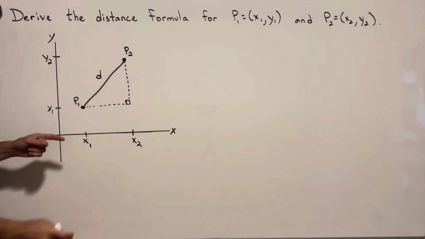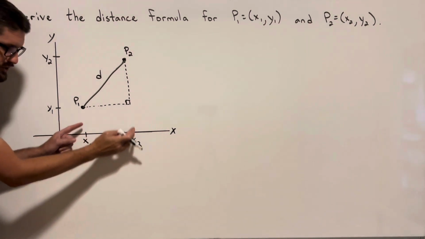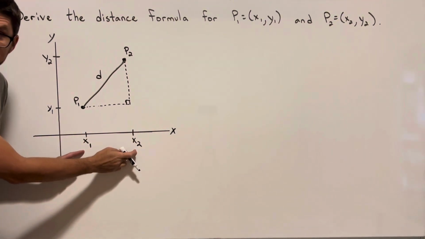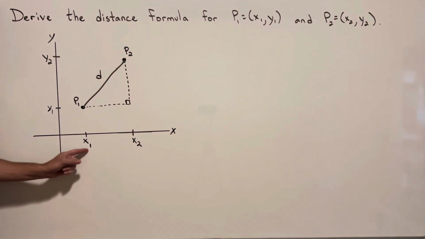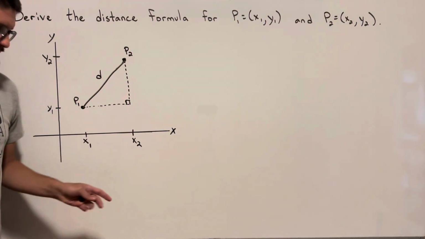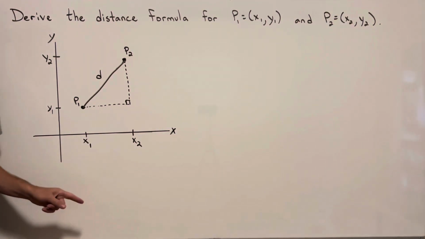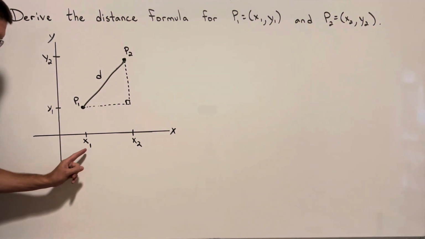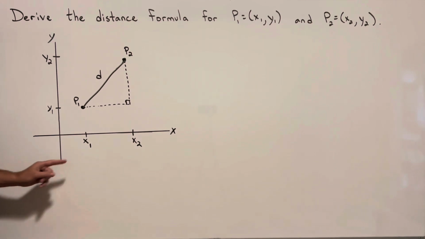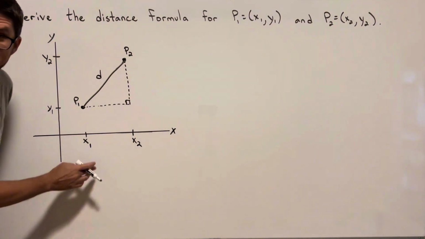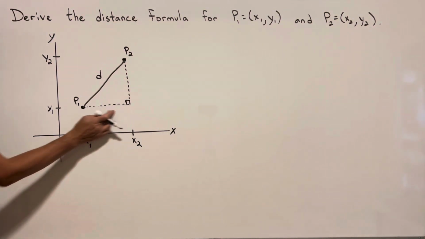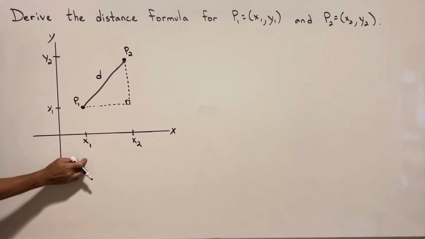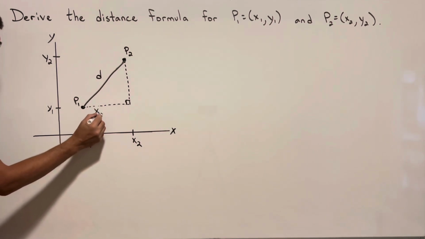What we're going to do now is find this distance right here in terms of x1 and x2. So if you think of these as numbers, to find the distance between two numbers on a number line, you take the larger number and subtract from it the lower number. So in terms of x2 and x1, this distance is going to be x2 minus x1.